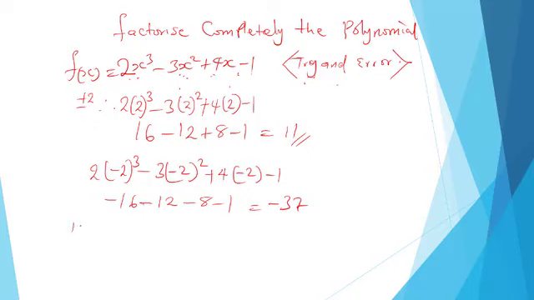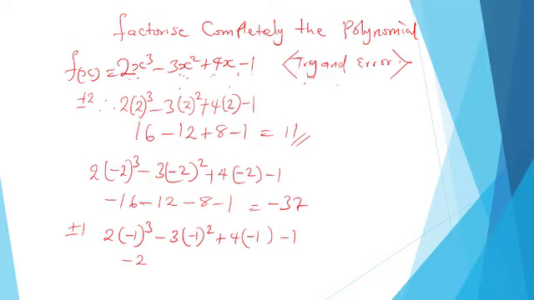Can we just go to plus or minus 1? Now let's start with minus 1. 2 in bracket minus 1 raised to power 3, minus 3 times minus 1 squared, plus 4 times minus 1, minus 1. So this gives us 2 times minus 1, which is minus 2.